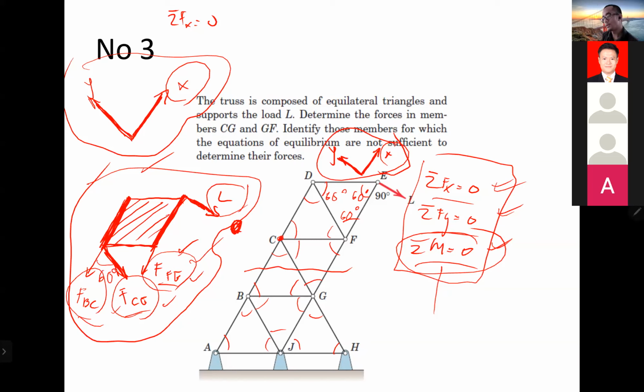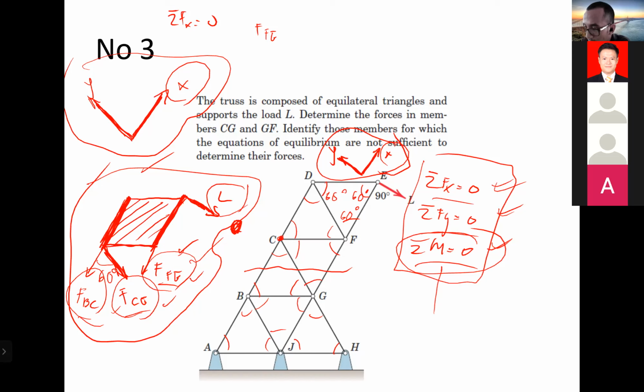So my sigma fx equal to 0 then becomes like this. FCG is 60 degrees against the x, FBC is in the x direction. Correct, right? Yes, I see it now.